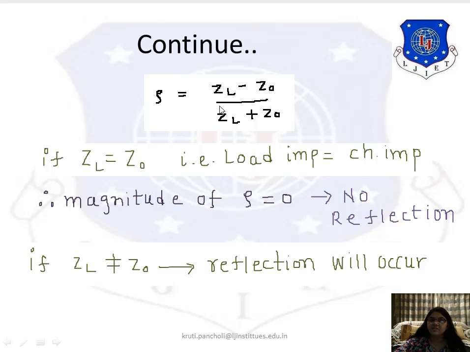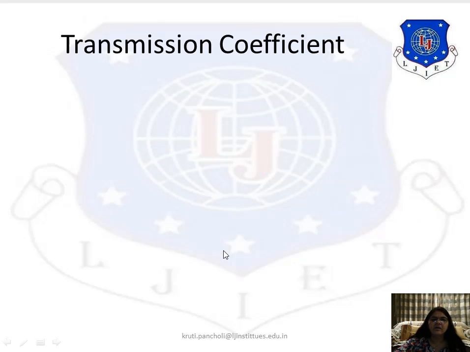But if ZL is not equal to Z0, you will have some value of rho, and we can say that some reflection will occur.